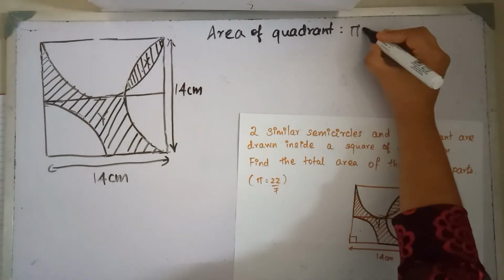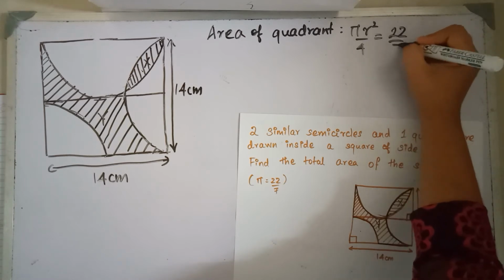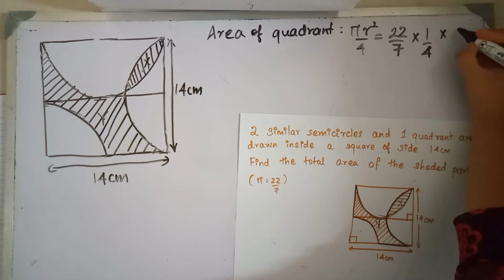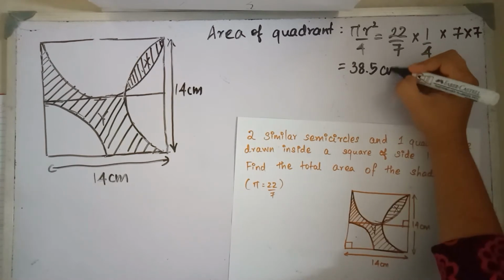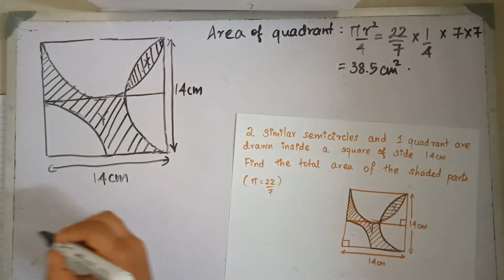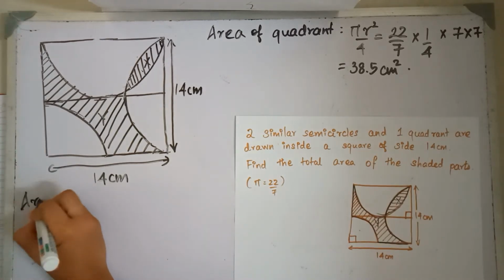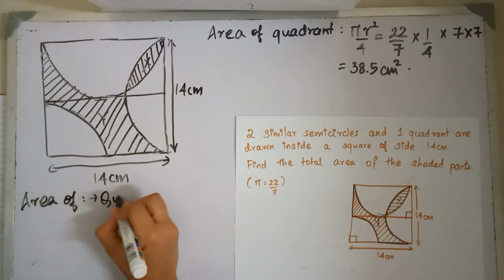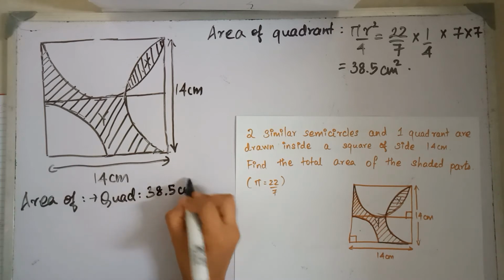So we have pi r square by 4 and that gives 22/7 into 1/4 into 7 into 7 and that is 38.5 cm square. Now we are going to write down all the data here because it could get kind of confusing. Area of quadrant, 38.5 cm square.